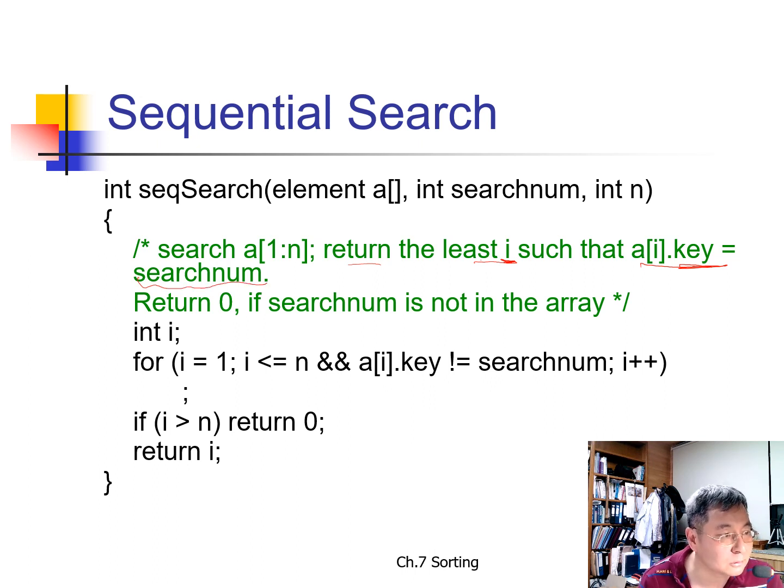In order to find the same keyword in the array, we must search all of the data using this for loop, and then we check whether the key value is the same as the search number.